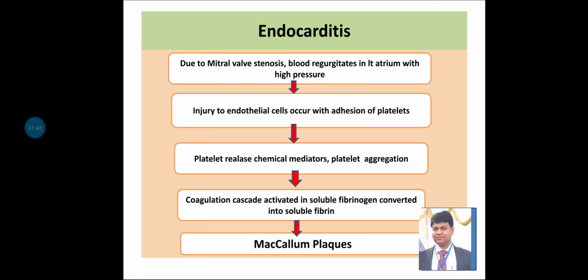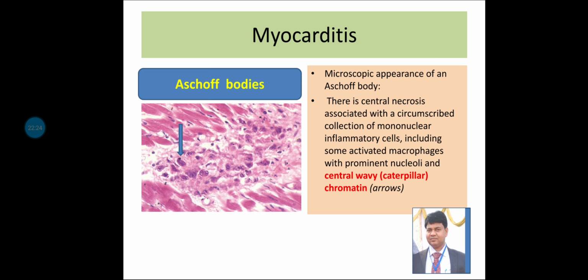This is called the platelet release reaction, and more platelets aggregate, that is called platelet aggregation, and simultaneously the coagulation cascade is activated, in which soluble fibrinogen converts into insoluble fibrin, and this results in formation of McCallum plaque, basically the mural thrombus formed in the left atrium. So these typical lesions are called McCallum plaques.